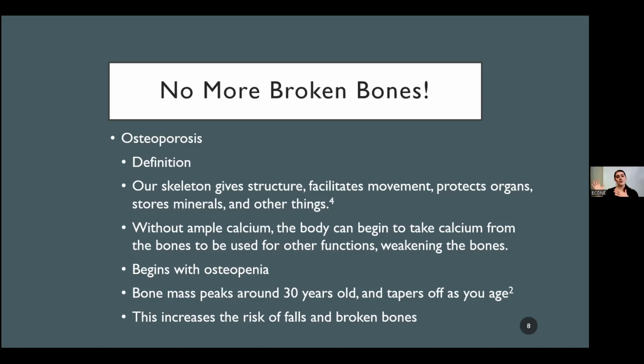And then after about 30 years old, we want to try to maintain the bone mass and bone density that we have through some of the strategies that we'll talk about. With osteoporosis, this increases the risk of falls and broken bones and overall injuries, and especially in the elderly population. When we have broken bones, it's much harder to recover from some of that.